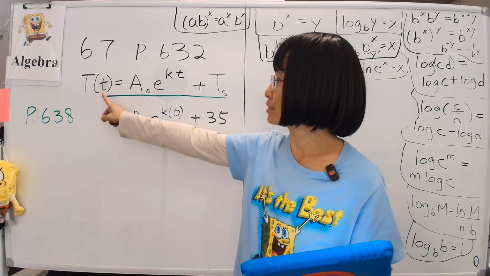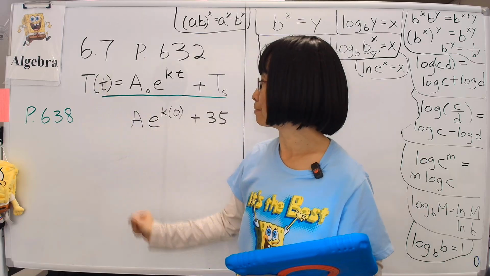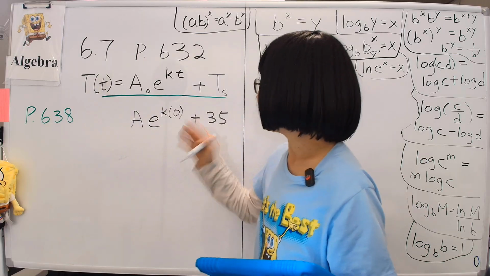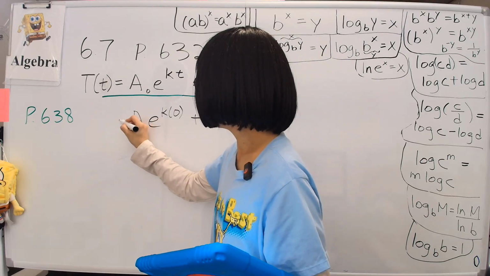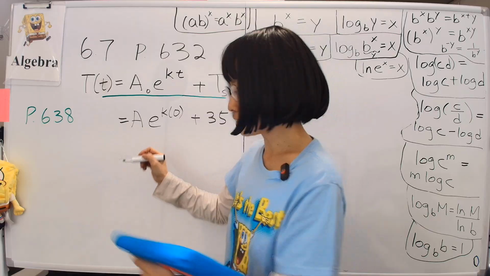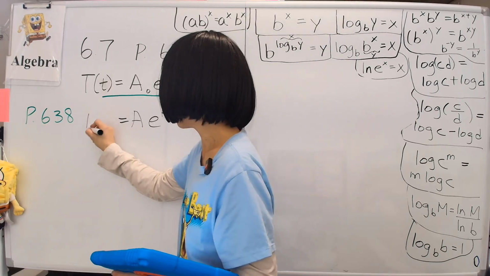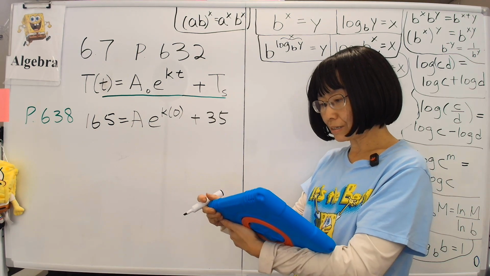So try to remember that small t is time and the big T is temperature. So the temperature at time 0 of the cheesecake is, as given, 165.